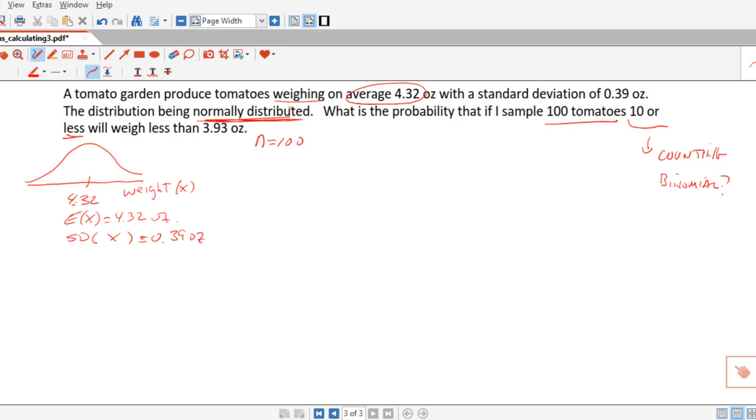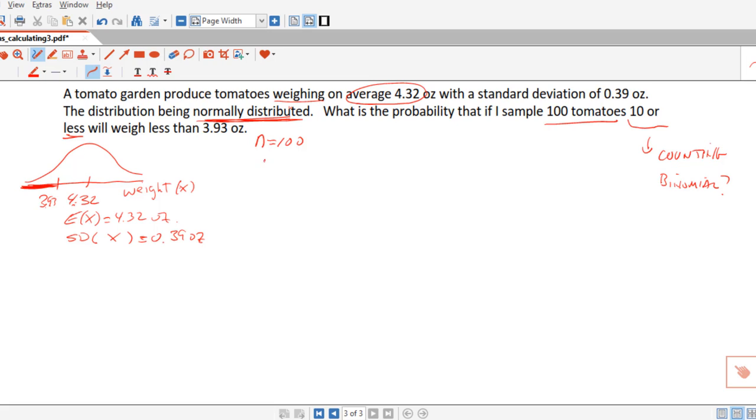Okay, what is it I want? 10 or less of the tomatoes will weigh less than 3.93 ounces. So I want 10 of these tomatoes to weigh 3.93 ounces or less. So I'm sampling 100 tomatoes, and what I want is 10 or less of them to weigh less than 3.93 ounces.